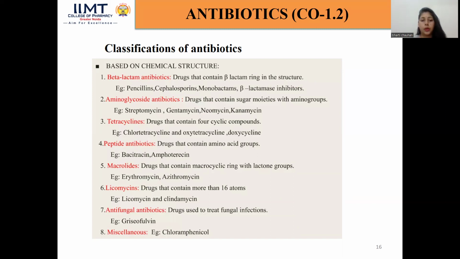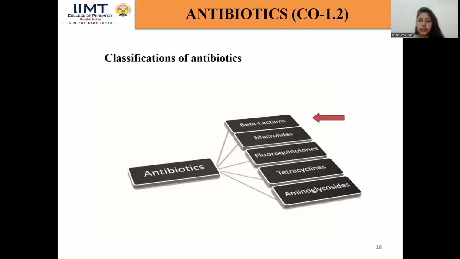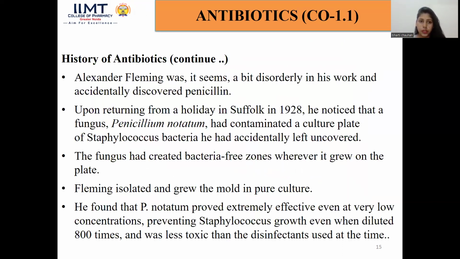Fifth are macrolides, drugs that contain a monocyclic ring in their structure with a lactone group. Examples, erythromycin and azithromycin. Sixth is lincomycin, drugs that contain more than 16 atoms in their structure. Examples, lincomycin and clindamycin. So these are the classifications that I have discussed with you.